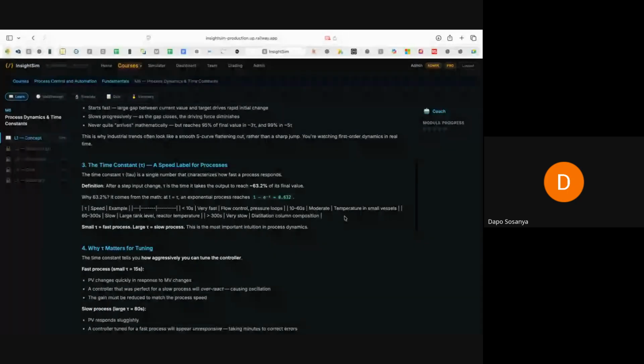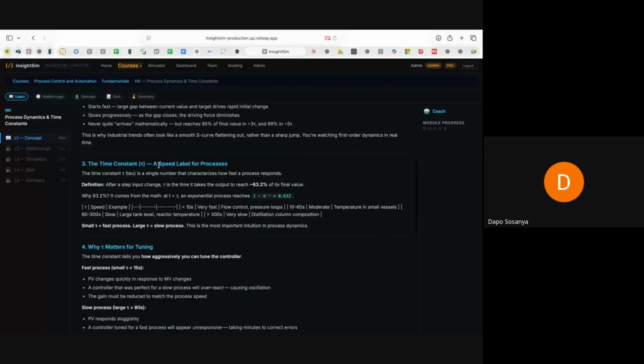And then you have the time constant, a speed label for processes. The time constant is a single number that characterizes how fast a process responds. Its definition: after a step input change, tau is the time it takes the output to reach approximately 63.2% of its final value.